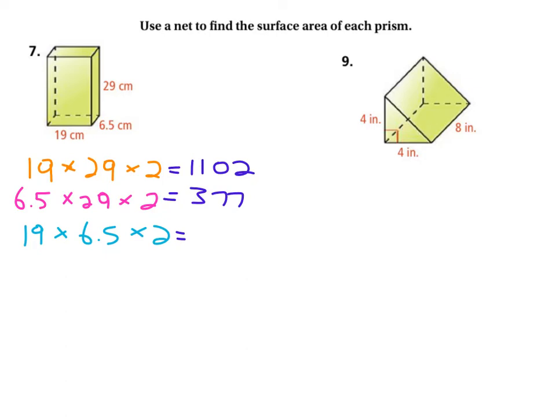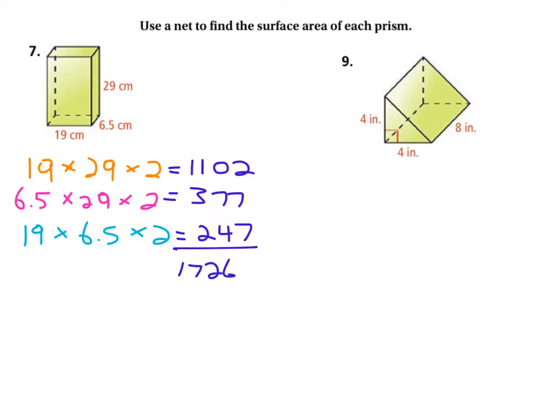And then we will do 19 times 6.5 times 2, and those are the 2 smallest measures, so we're going to end up with the smallest of the 3 numbers here, 247. And then we just need to sum them up, 247 plus 377 plus 1,102, and we get 1,726.